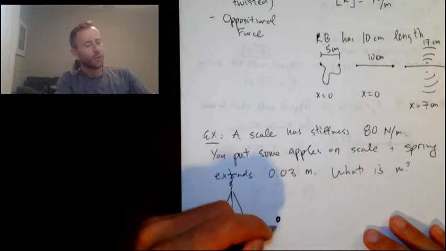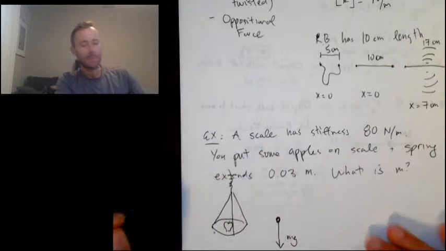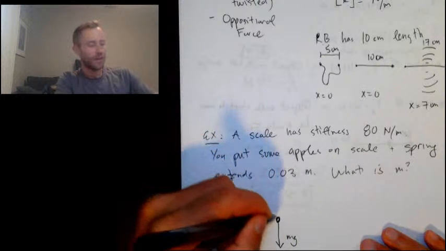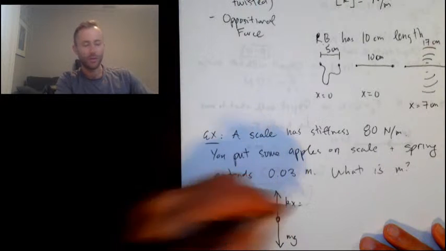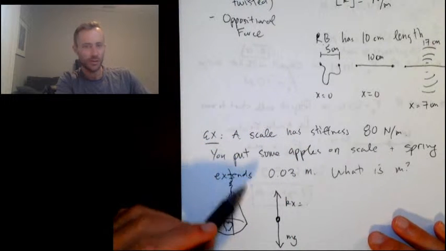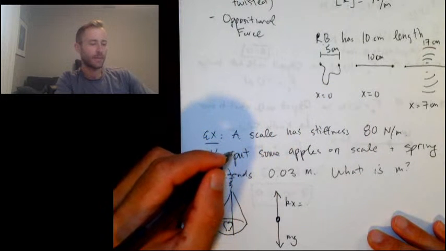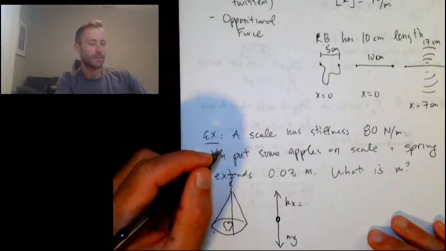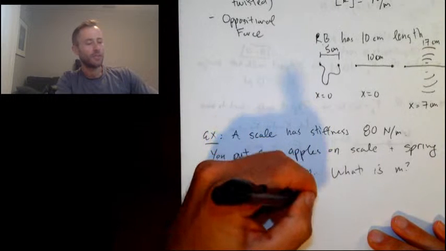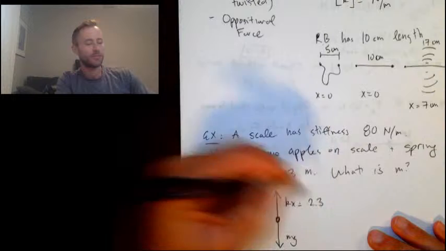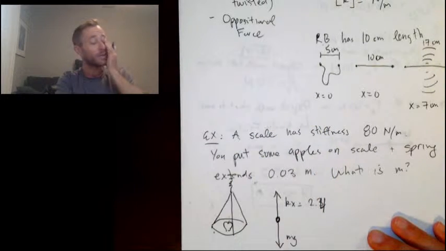So there's a weight force pushing down, which is mg, and there is an elastic force holding the apples up, which is kx. Now, what is kx in this case? It is going to be 80 times 0.03. So that is going to be 2.4 newtons.